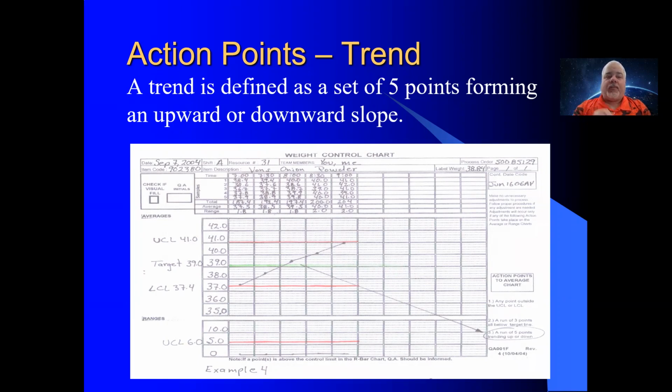So a trend is defined as a set of 5 points forming an upward or downward slope. Up, up, up, up. So there's 5 points. And they don't have to be a straight line. One could go up a lot and one could go up very little. As long as they continually go up, even though they might not be in a straight line like they're showing here, they don't have to be straight.